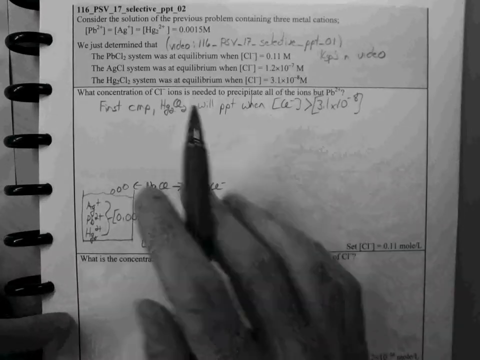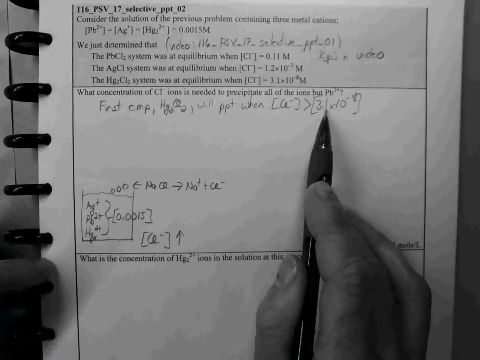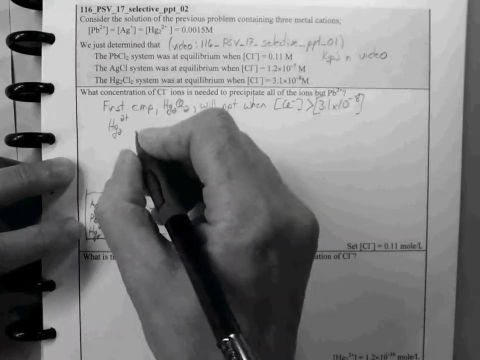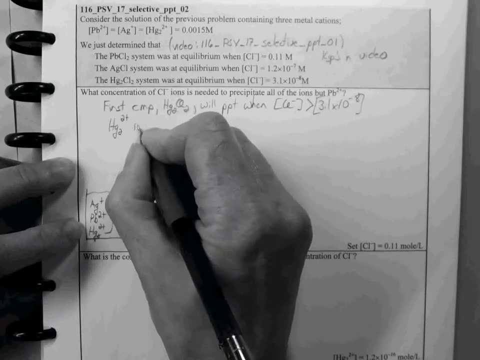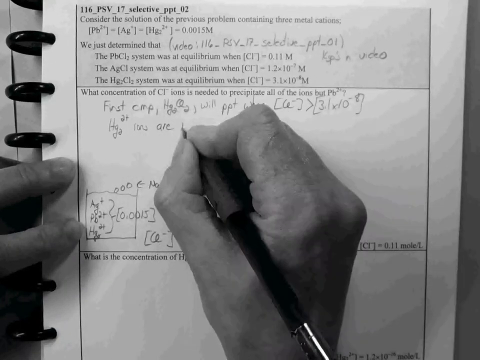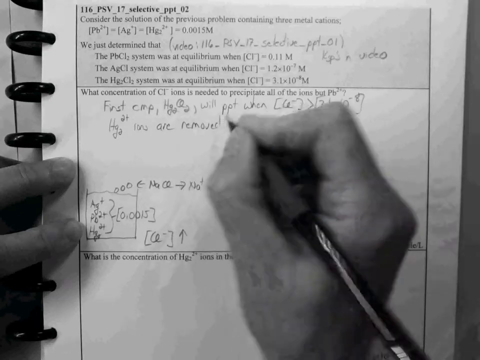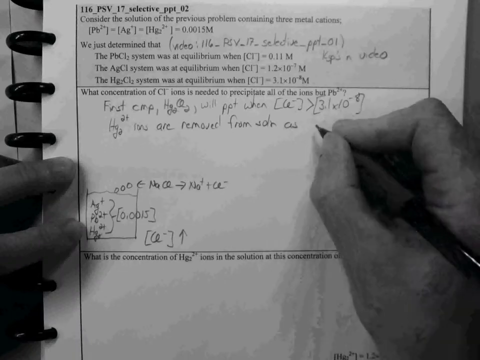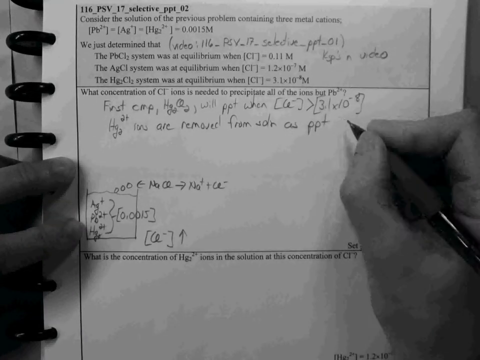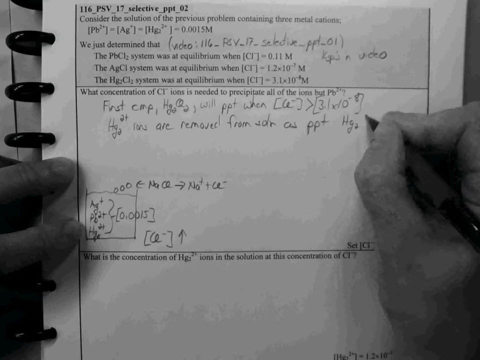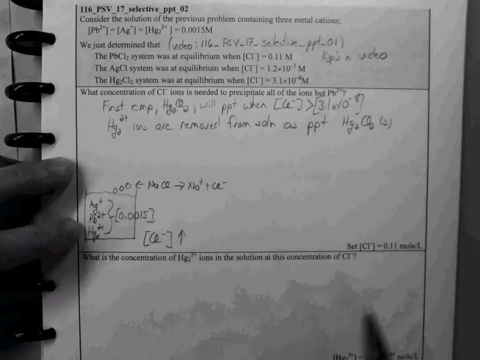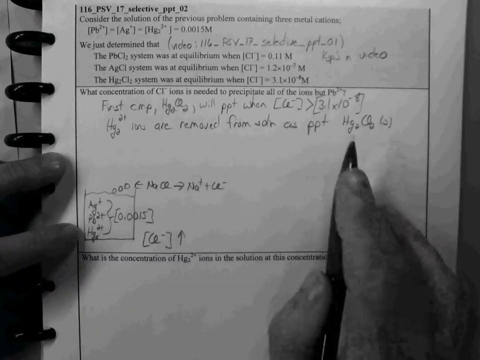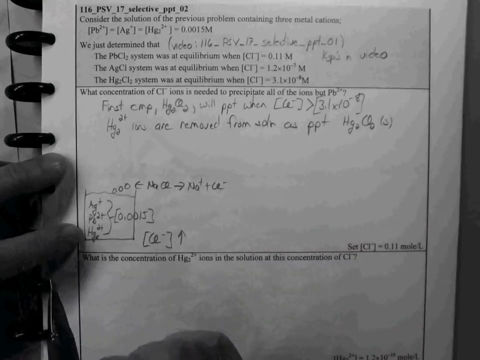So we increase the chloride ion concentration above this value, and Hg2 2 plus ions are removed from solution as the precipitation occurs, and we form mercury 1 chloride. So as we continue adding chloride ions, it removes the Hg2 2 plus ions.